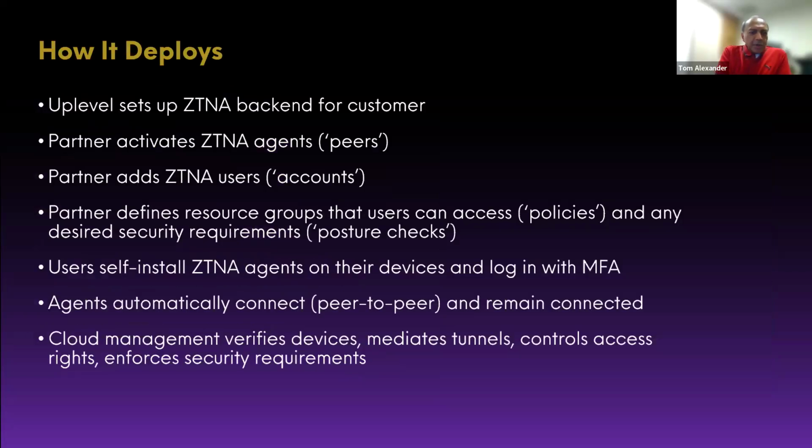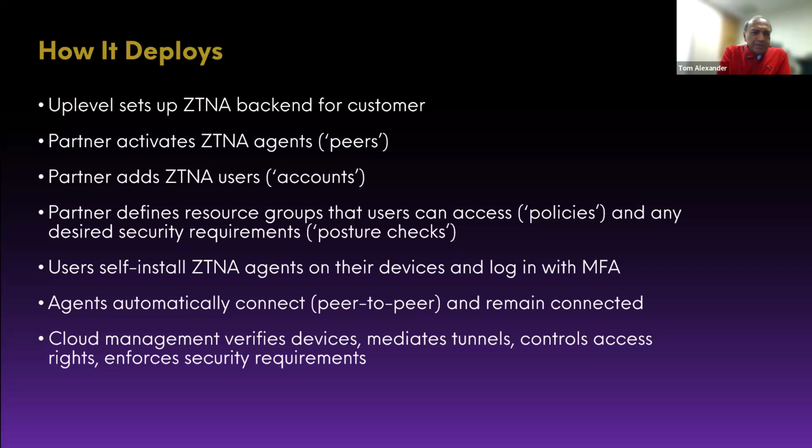So how does it deploy in practice? We've deployed this to several customers now. Basically what we do is set up a backend for the customer, and then after that the partner finds it quite easy to activate. The end connections are basically peers, so they're agents on people's machines or in the office.